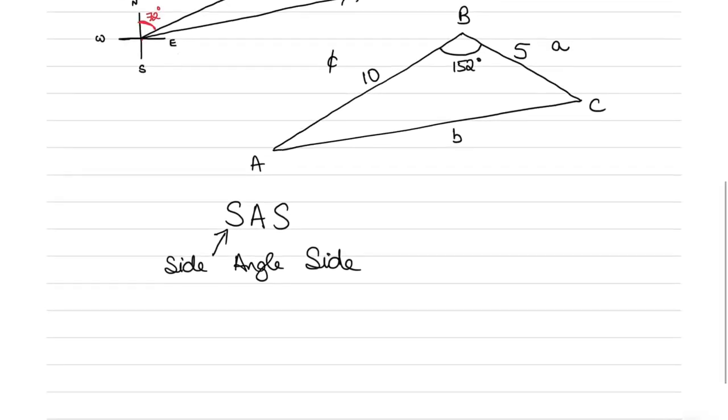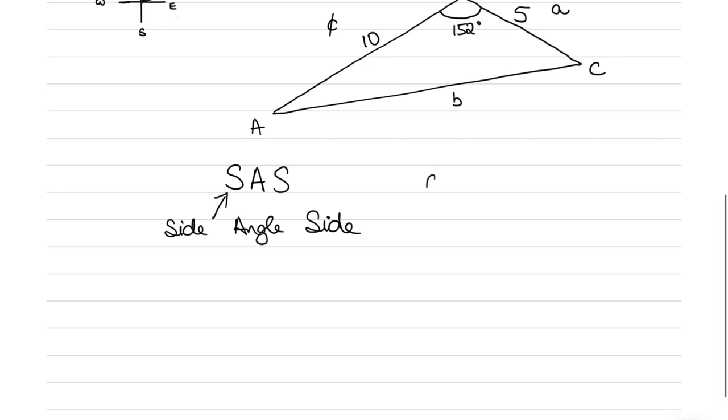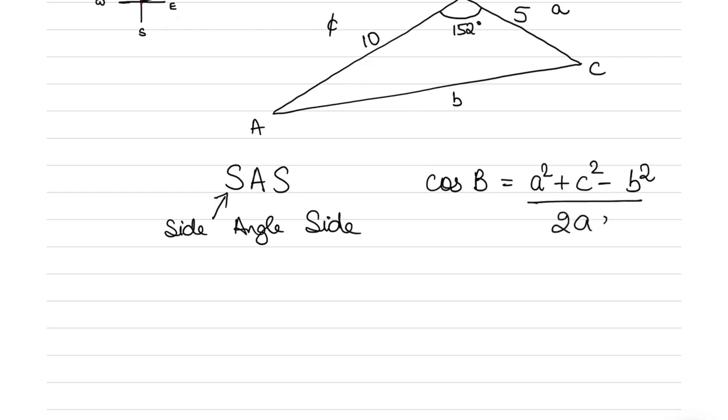Well, the formula goes like this. Let's say you have cos B here that you know, which will be equal to side A square plus side C square minus B square, divided by 2AC.